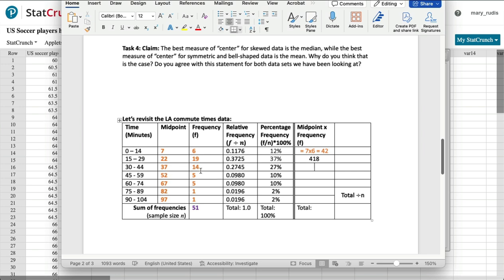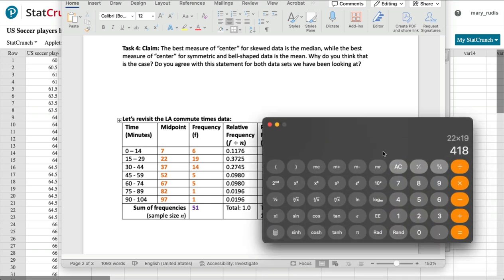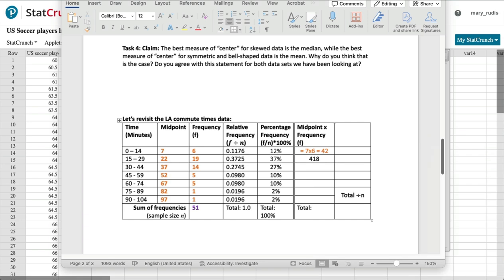And now we need 37 times 14. So 37 times 14 equals 518. So that's pretty big. 518. That one was orange.